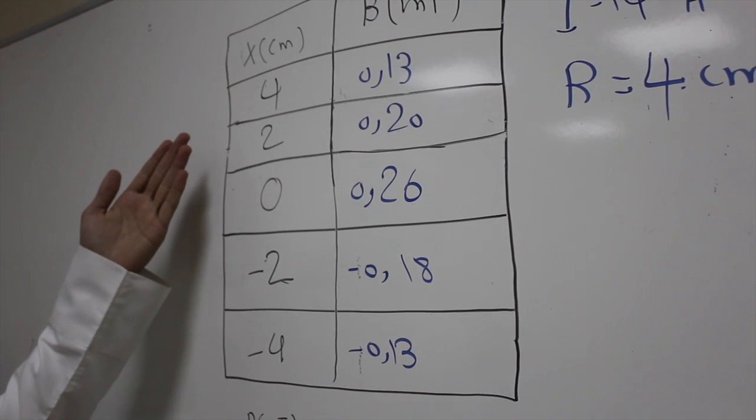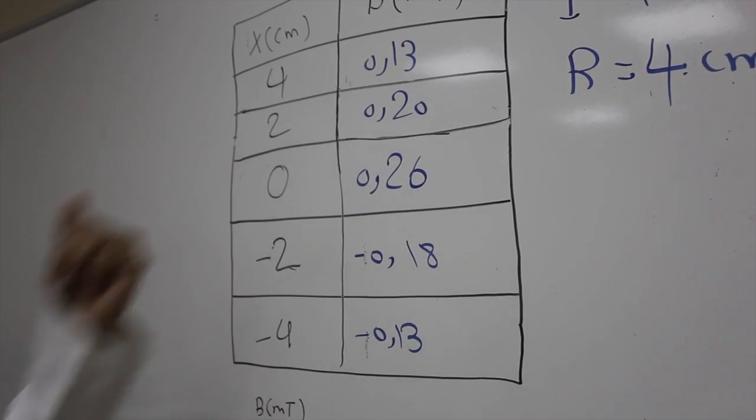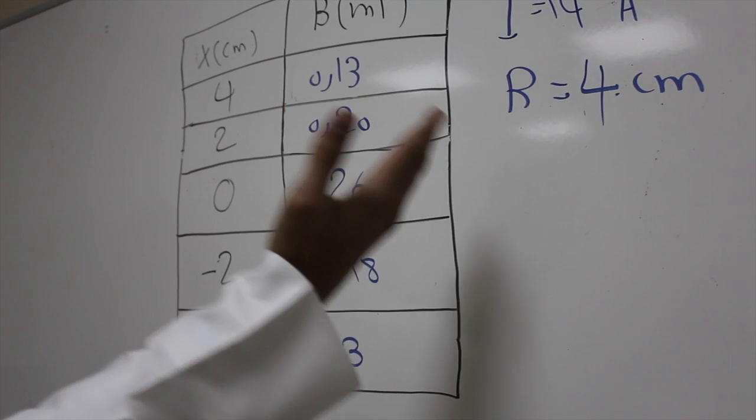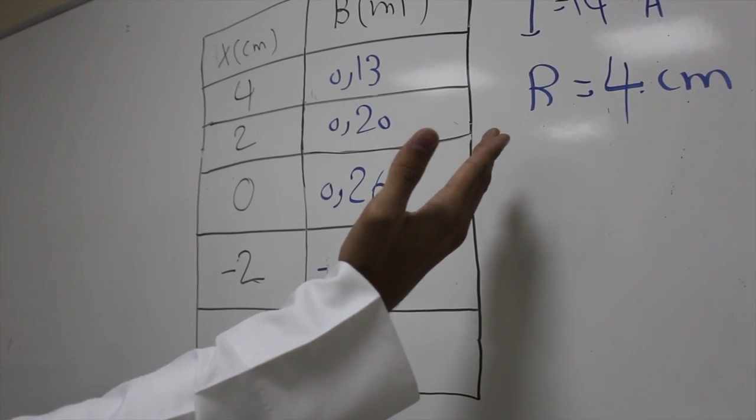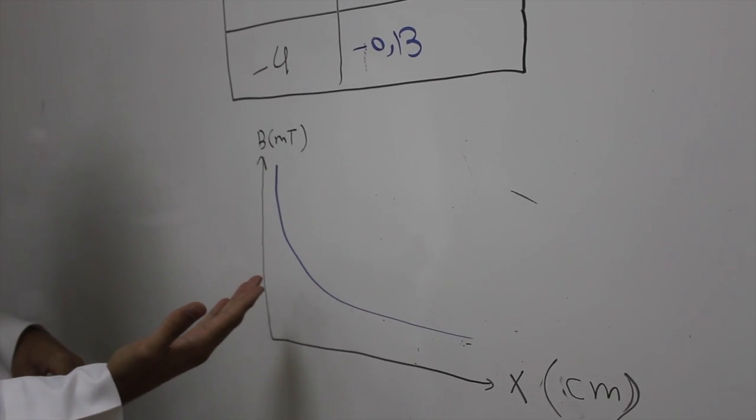This is the relation between distance from the loop and the magnetic field, and we keep the current and the radius constant. The relation between B and X is inversely proportional.